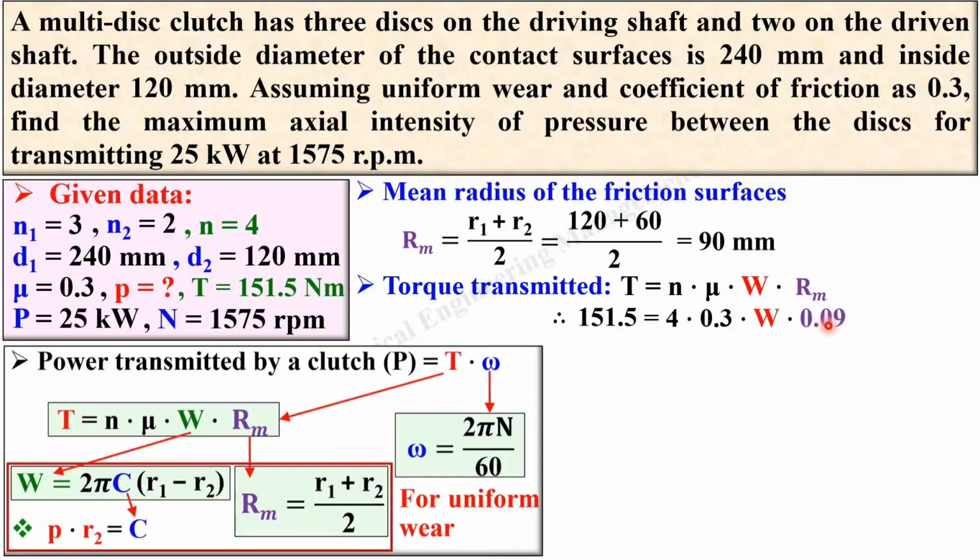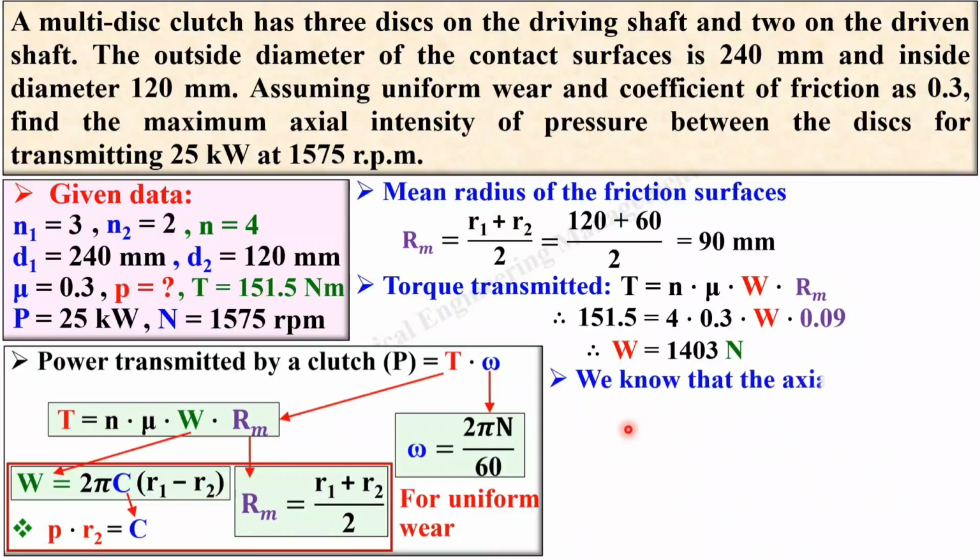That's why I have converted Rm into meter also. So keep in mind, units must be consistent for the torque as well as Rm. If the torque is in Newton meter, then Rm must be in meter. If the torque is in Newton mm, then Rm must be in mm. You can select any one. Here I have put Newton meter, so Rm is in meter. Simplify it so that you will get W in Newton.